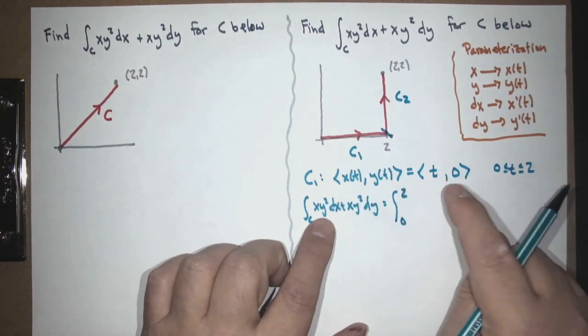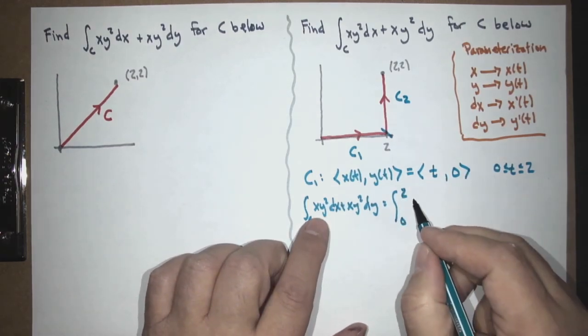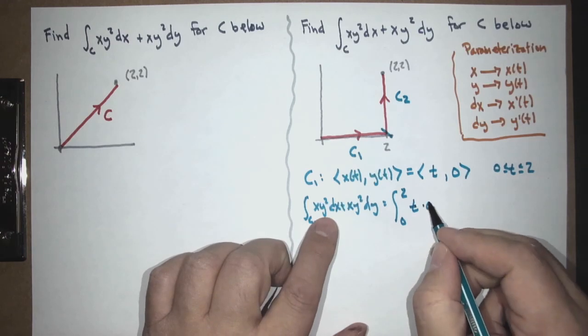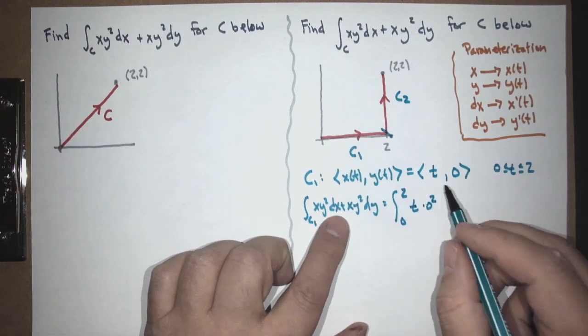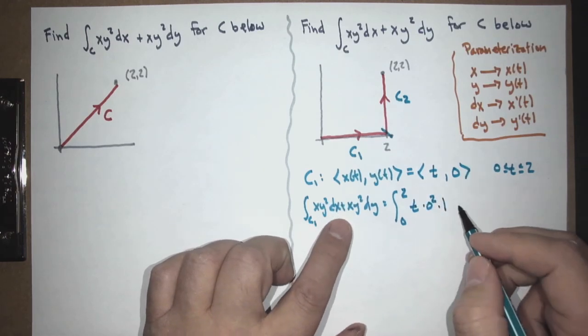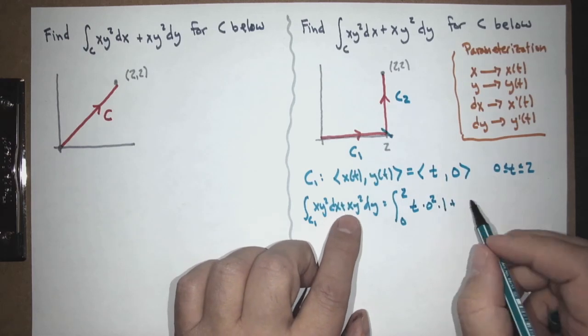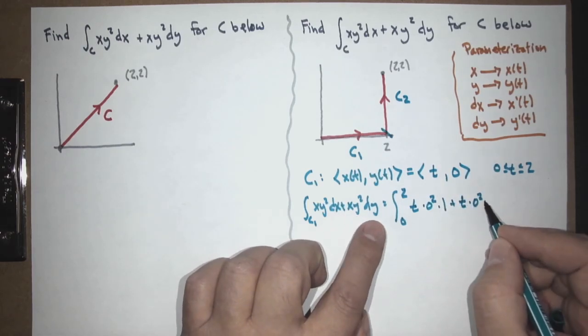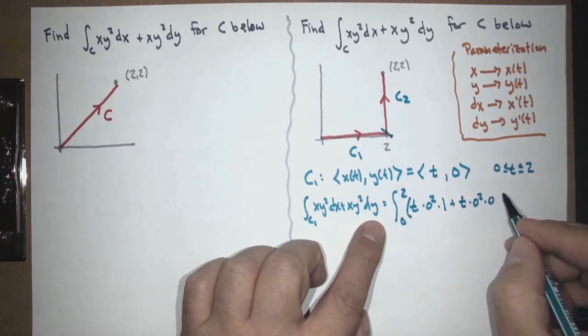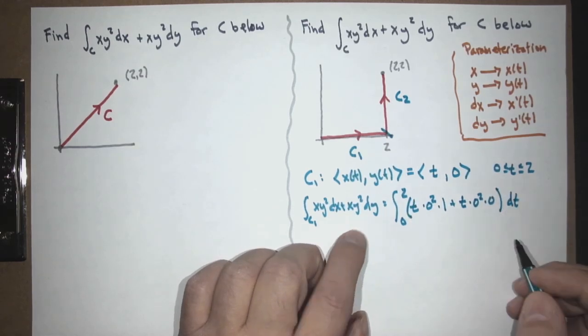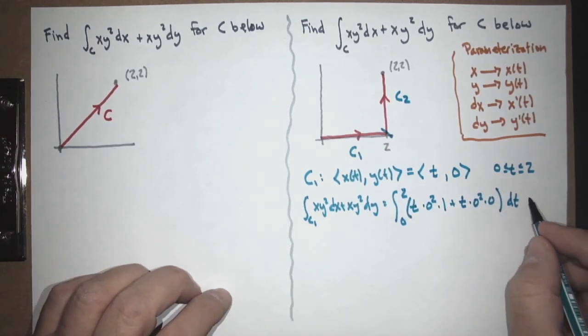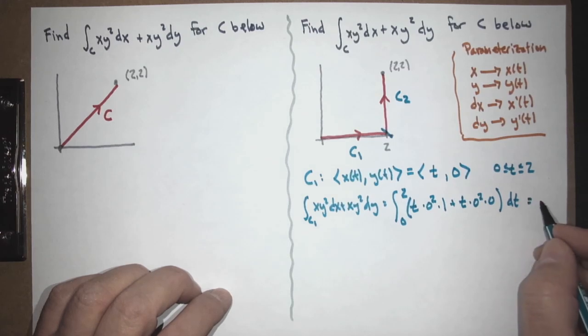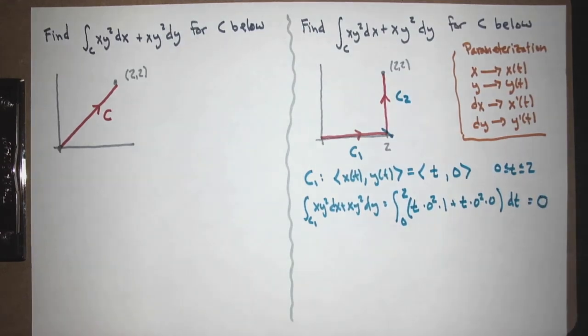X becomes t, so we have t times 0 squared times dx, which is 1, plus x, which is t, times 0 squared times dy, which is 0. That's what we're integrating dt. What will that integral give us? 0. Yeah, hard to recover from multiplying by 0 squared.